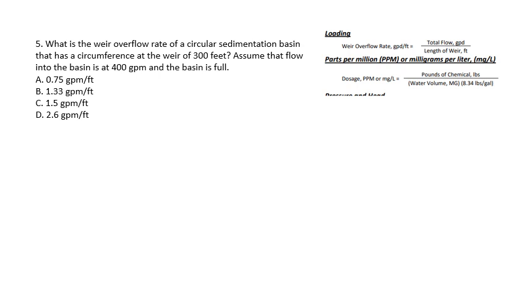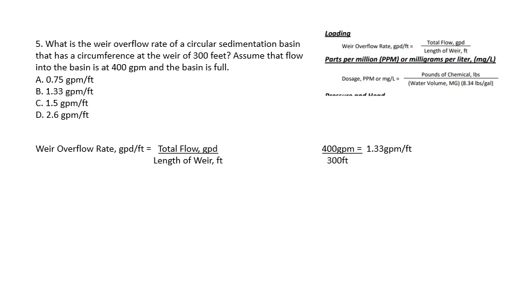The Weir overflow rate formula is the total flow gallons per day divided by the length of the Weir in feet. They've already given us the length of the Weir, so 400 gallons per minute divided by 300 feet. That's going to give you an overflow rate of 1.33 gallons per minute per foot.